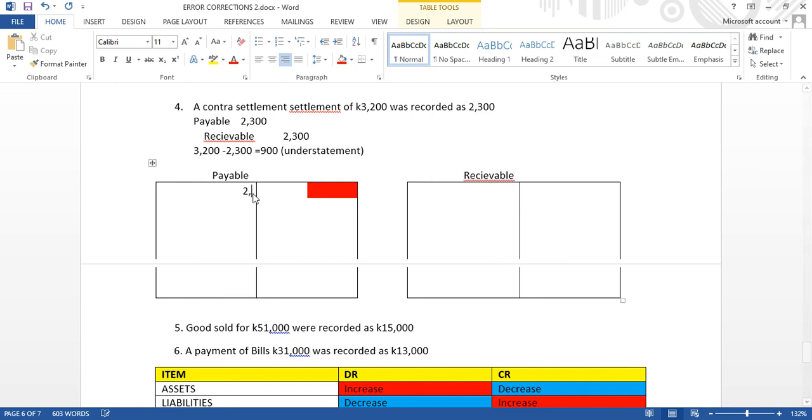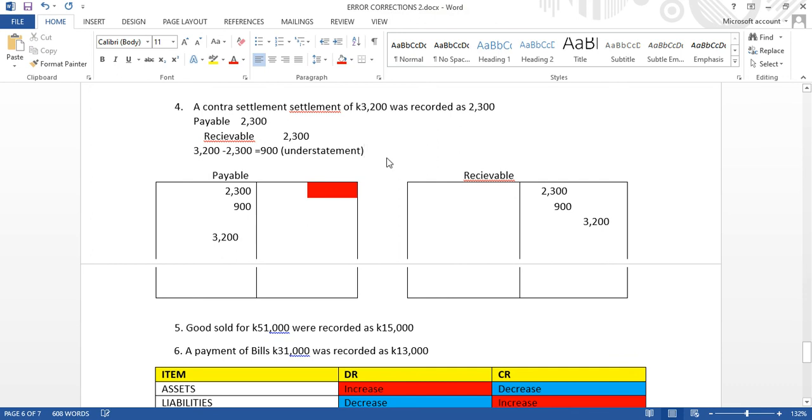Receivable also has been undercast at 2,300. So we need to debit our payable 900 and credit our receivable 900, so that we have our correct amount, which is 3,200. So we have fixed the error.